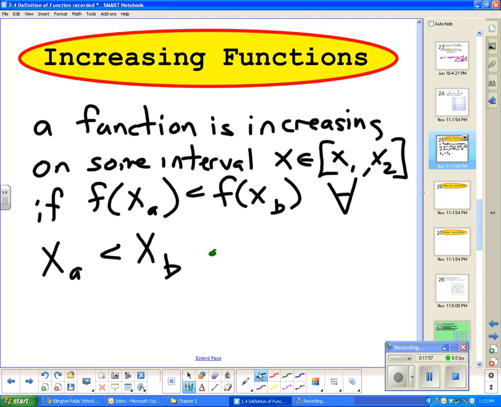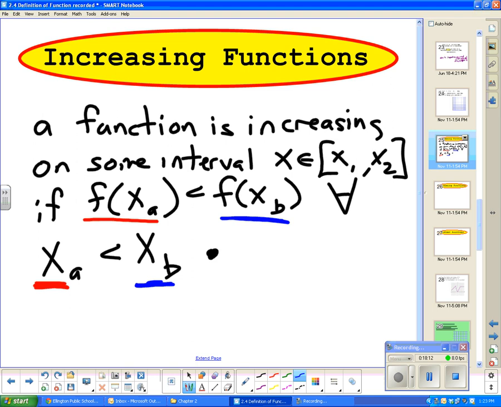I know, you're saying, huh? Well, what it's basically saying is that whenever you have the smaller input, it always gives the smaller output. And the bigger input gives the bigger output.